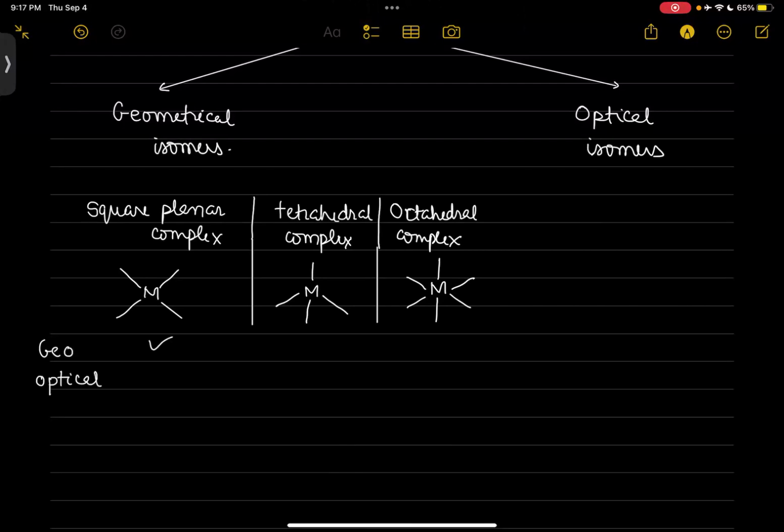So they should have ligands. There should be at least two different ligands. Formula I will write, but there are certain options which we can clearly rule out. Once you get into the formula, then it depends upon the ligands. But there are certain arrangements where you can directly rule out geometrical isomerism, and that is tetrahedral.